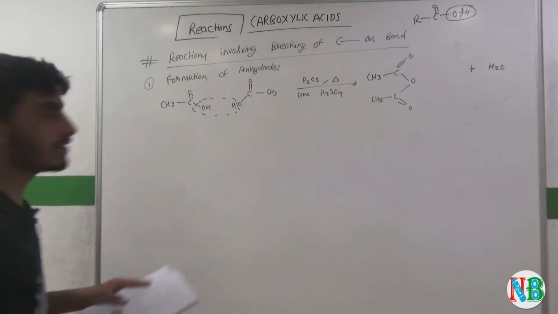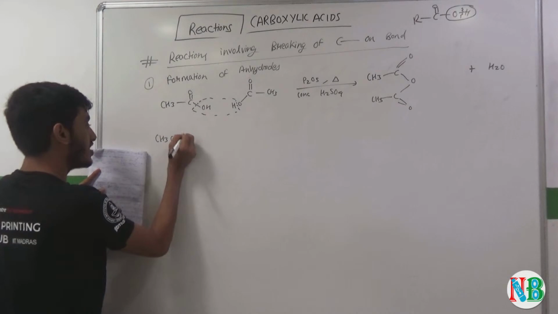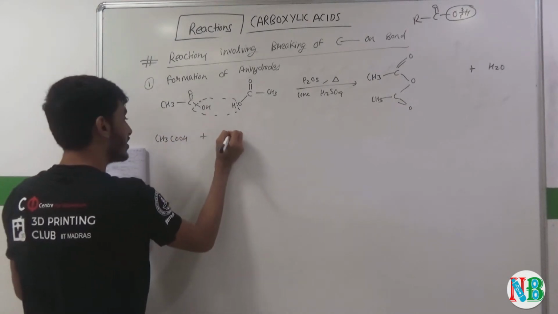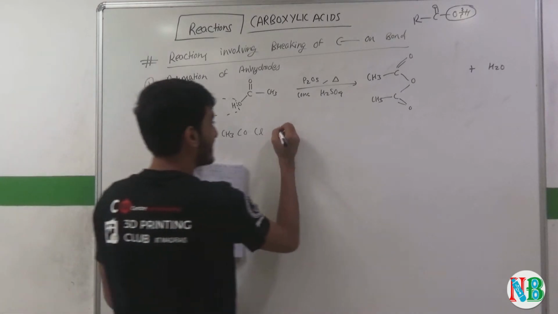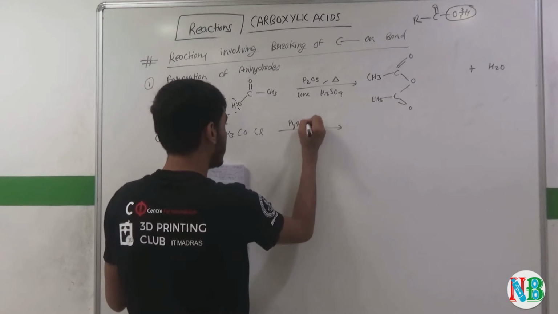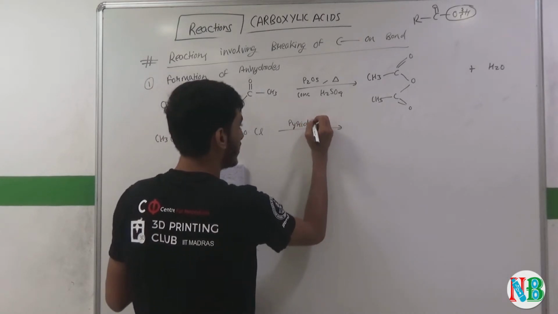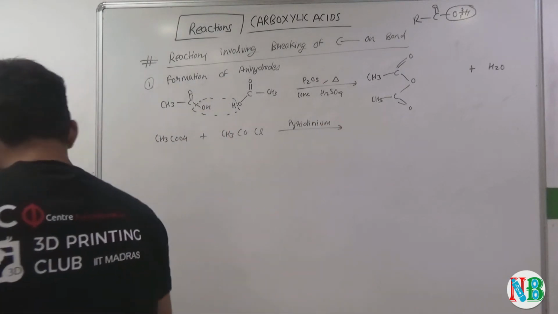Some more similar reactions. Suppose you have to react CH3COOH with CH3COCl, that is an acid halide, and you take ruthenium as a reagent.